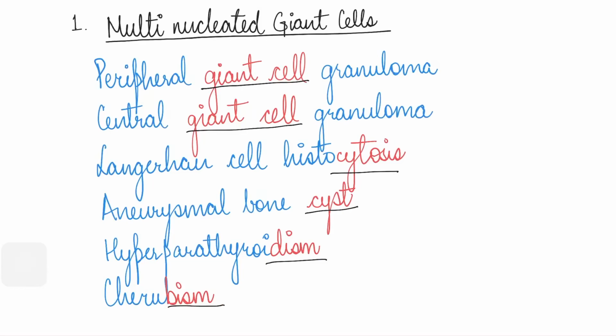So just to repeat, if you see in a question that multinucleated giant cells are present in the disease, you can just think of the two diseases containing giant cell, and the other two diseases named Langerhans cell histiocytosis and aneurysmal bone cyst that has cyst in the name, and hyperparathyroidism and cherubism. So this was all about multinucleated giant cells.